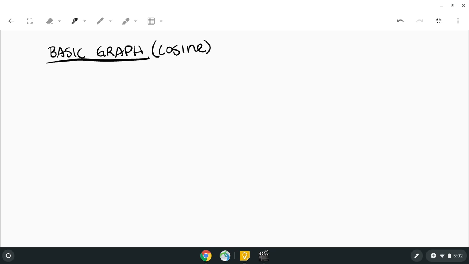Similar to sine, cosine has one full cycle from 0 to 2 pi, and then the values start to repeat. So it's also periodic, just like sine.